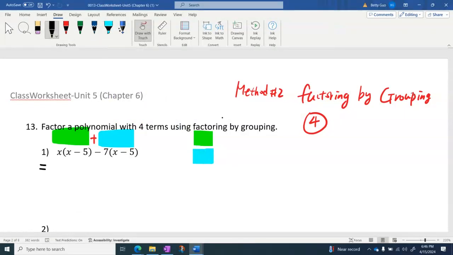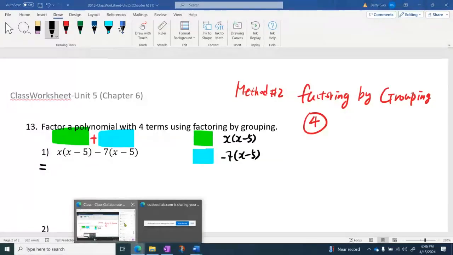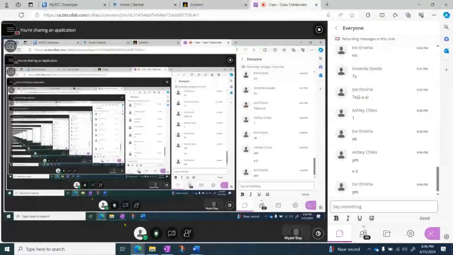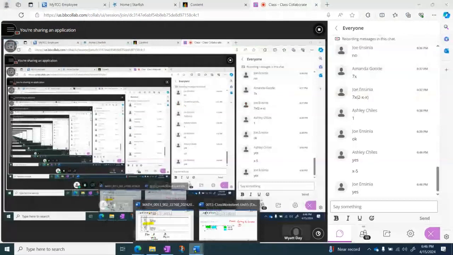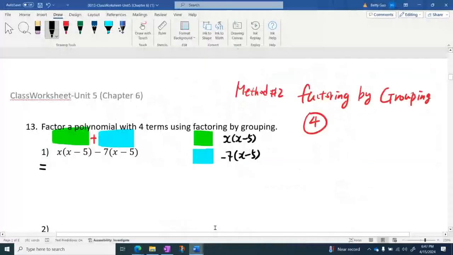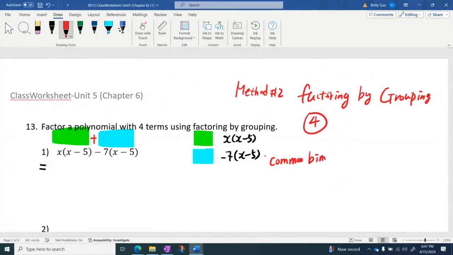The green part is x times x minus 5. The blue part is -7 times x minus 5. x minus 5, perfect. Exactly. We say the 2 parts have a common binomial factor.